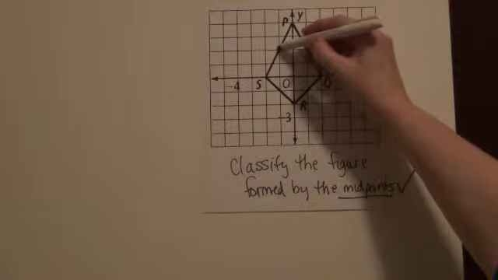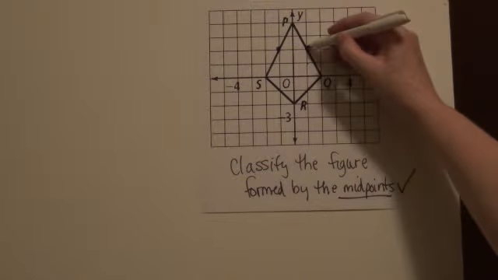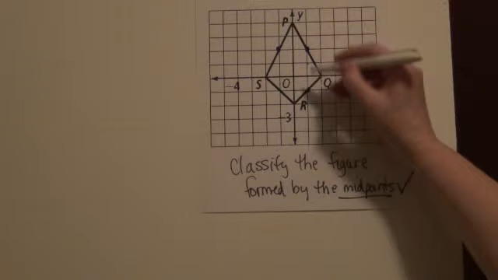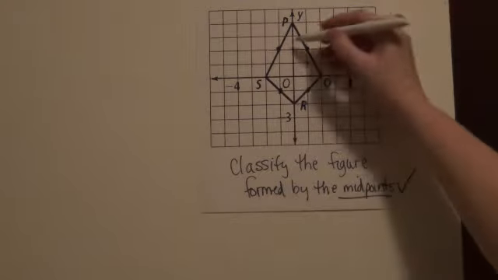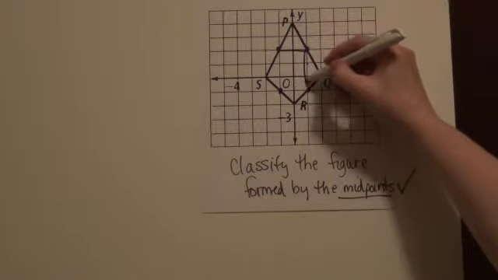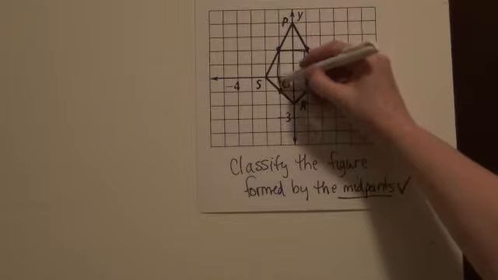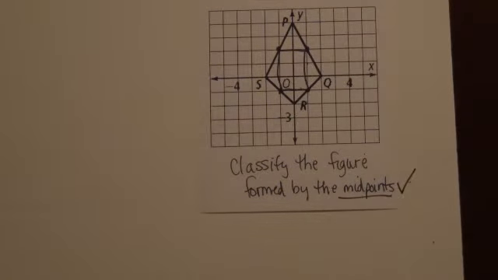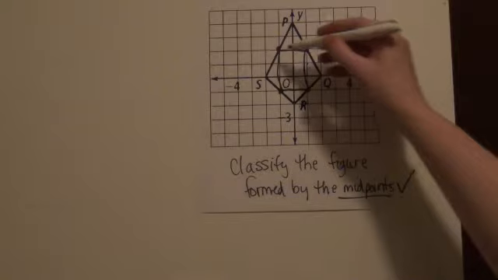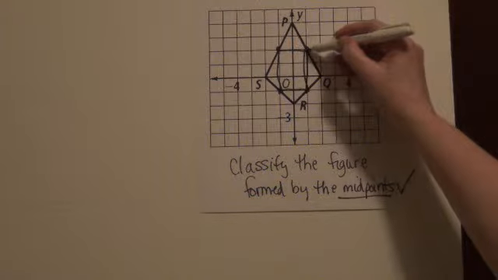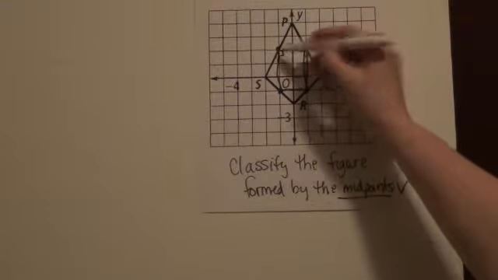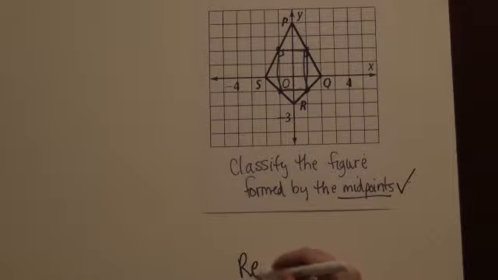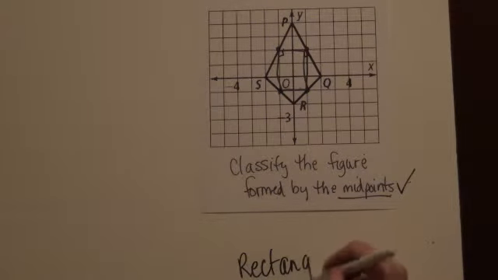See how this one is right here? There's a midpoint, there's a midpoint, there's a midpoint, and there's a midpoint. I'm drawing them very crooked lines. Look at that. Okay. But I can see something. I can see because these are right on the grid lines, these are 90-degree angles.